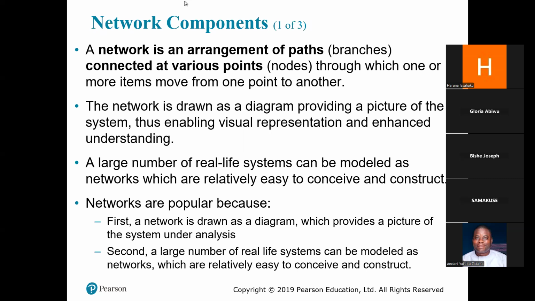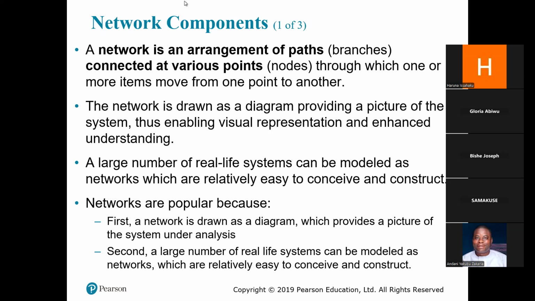So the representation of networks using diagrams has made them more popular, because the diagrams enhance understanding of the system and the analytical features of the system. The second reason why networks have become popular is that there are so many real-world examples that are modeled in the form of a network.